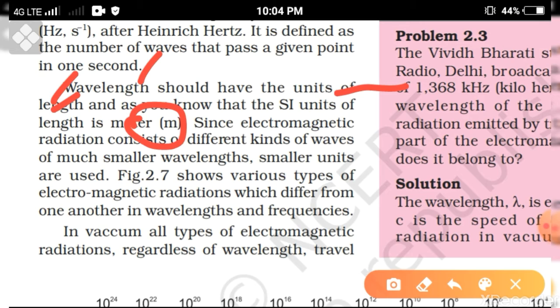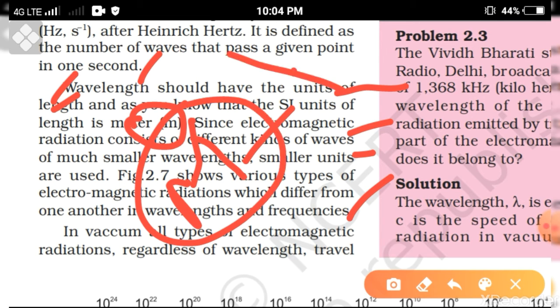Since electromagnetic radiations consist of different kinds of waves of much smaller wavelength, smaller units are used. The SI unit of wavelength is meter, denoted by lambda.